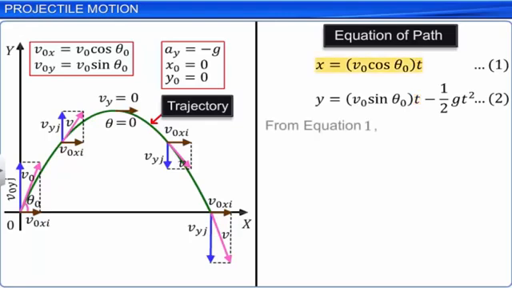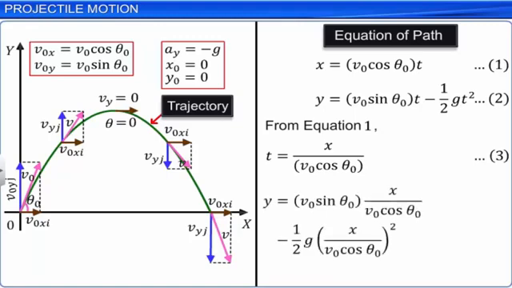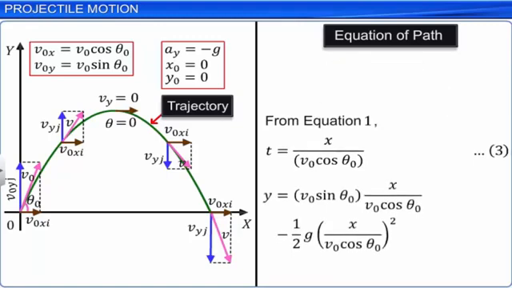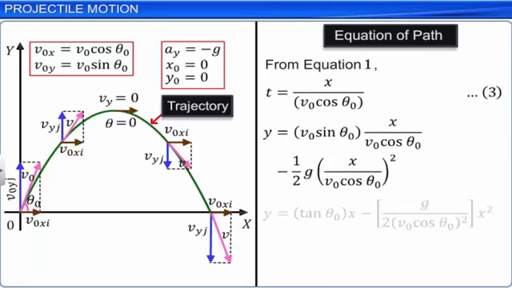From equation 1, we can write t is equal to x divided by v0 cos theta 0. Let this be equation 3. Substituting equation 3 in 2 and simplifying, we get y is equal to tan theta 0 into x minus g divided by 2 into v0 cos theta 0 whole square into x square. Let this be equation 4.